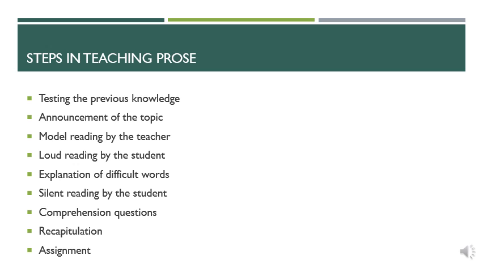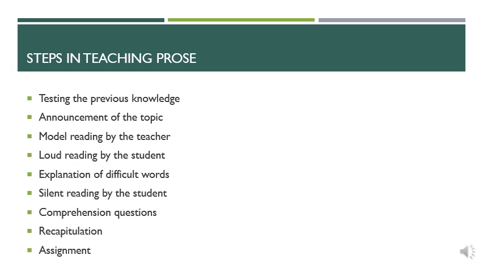So the first one is testing the previous knowledge. Testing the previous knowledge is nothing but motivating the students. So you have to motivate the students, and obviously when you are motivating the students, that motivation part will test the previous knowledge of the student. For example, when you are asking some questions related to the topic which you are going to teach, that will test the previous knowledge of the students about the lesson.